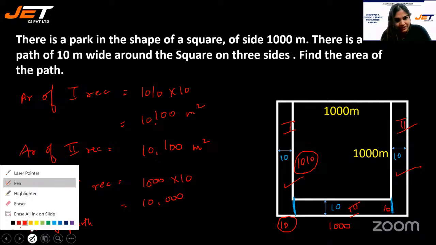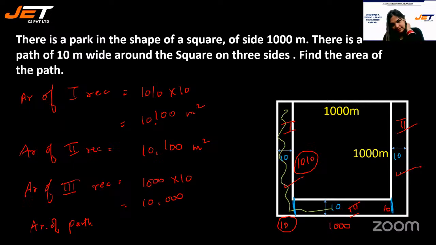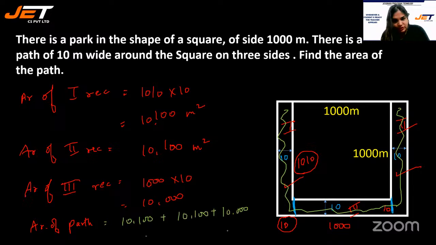We have to find just that much now. This green figure, this, and this. So area of first plus the area of the second plus the area of the third rectangle. 30,200 meters square.